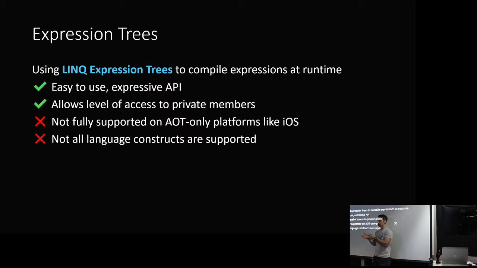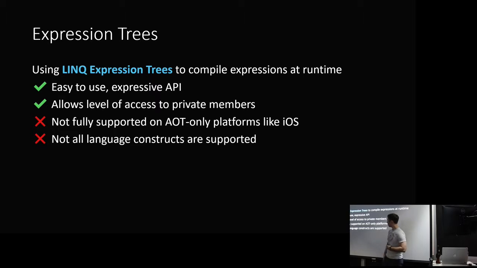So you could make a library which copies an object just by reading all of the privates into a new object. The problem with it, which is especially a problem in recent times, is that expression trees aren't fully supported on ahead-of-time compiled projects like iOS. So if you're doing Xamarin development, then you pretty much can't use these to make fast generated code.